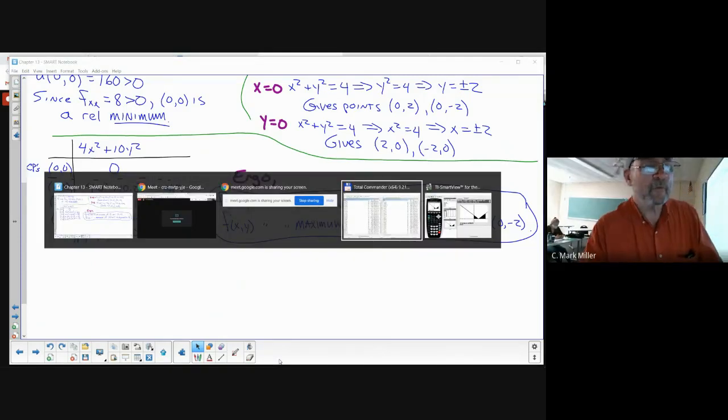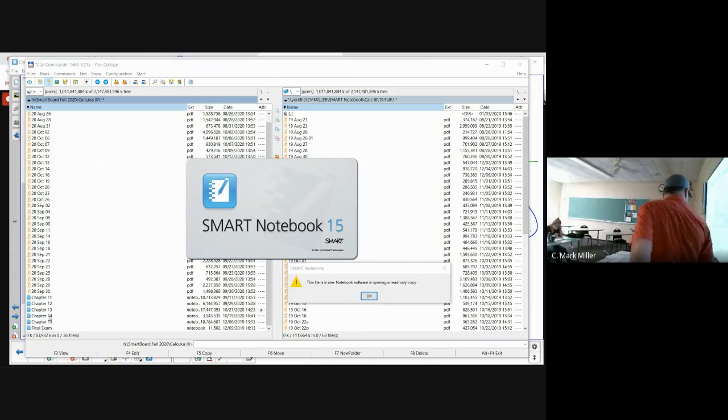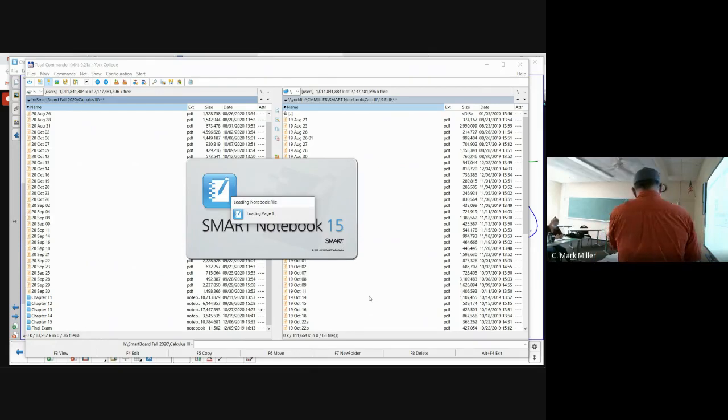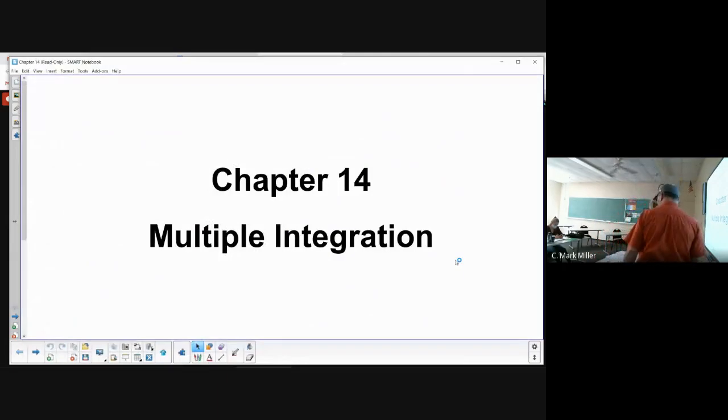Let's go to chapter 14. Oh, wonderful. I was looking at it in my office. Chapter 13 was the multivariable version of chapters 2 and 3 in our class.